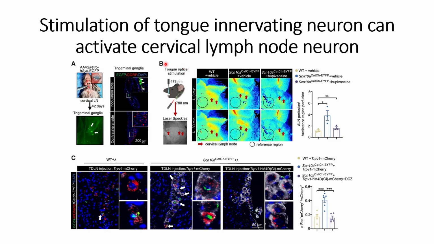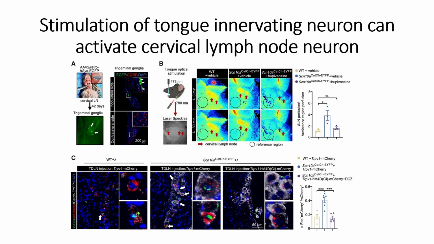For that, they inject optically stimulated reporters at the tongue site, which is stimulated by 473 nanometers, and the actual outcome they measured is the blood flow, using laser speckle. The higher the blood flow, the higher the intensities they are able to see.